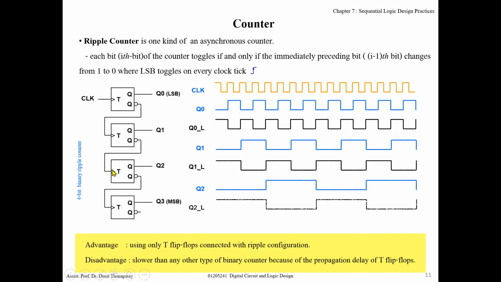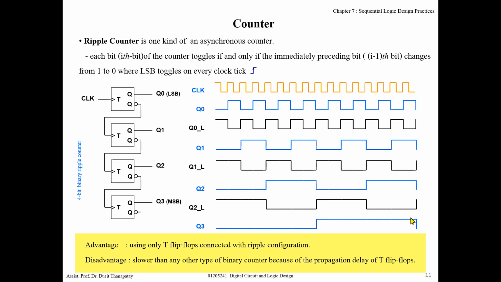For Q3 also, it will change when Q2 changes from high to low. So when you invert, we use the positive edge, from low to high, to tick this T flip-flop. Then you can get the signal Q3 by this one.